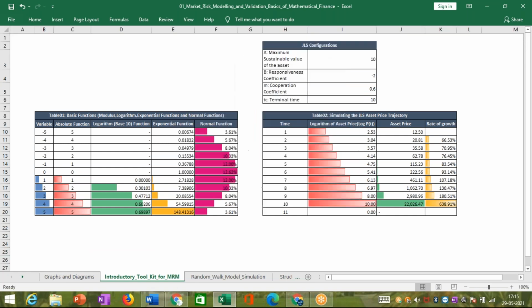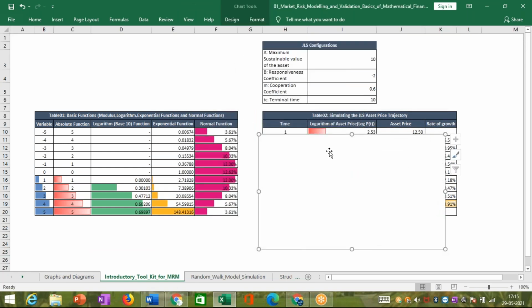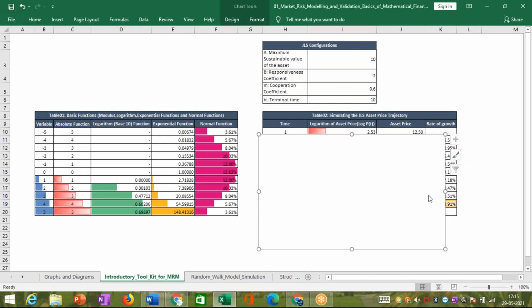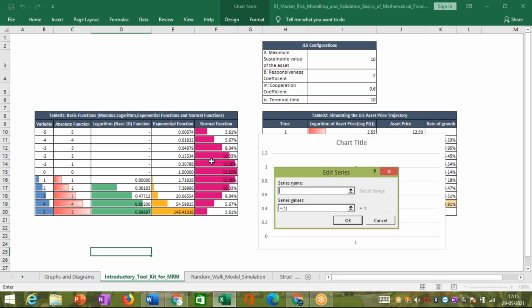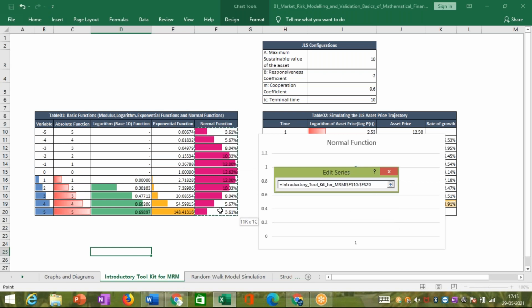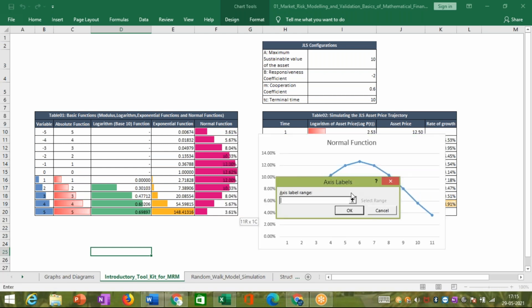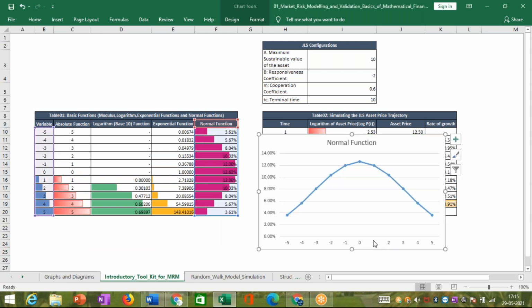Okay, so over here, what we'll do is we'll take this graph and quickly plot this. Let me just select the data. This is the normal function. This is the value. So we have plotted this distribution.